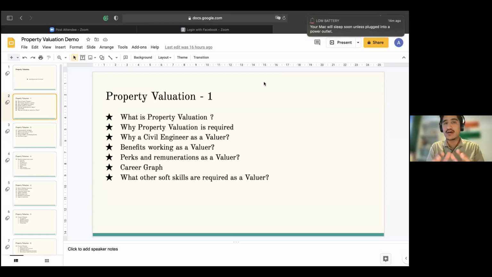Here all are civil engineers, so everyone here can start work, because it only needs a civil engineering degree, but architects can also work. This is a rule by NHB, the National Housing Bank, given to all banks and NBFCs. If you want to hire a technical person in your bank for valuation, they need to be a civil engineering graduate or an architecture graduate.